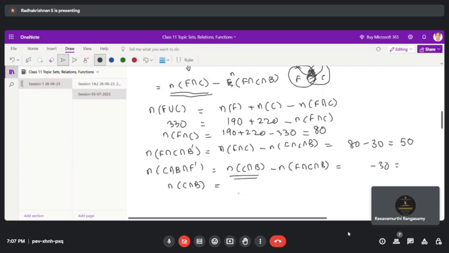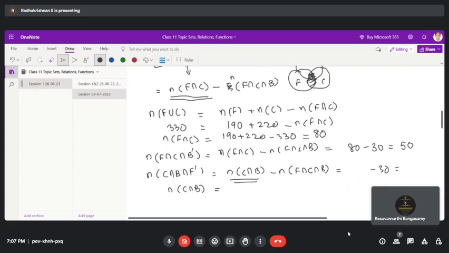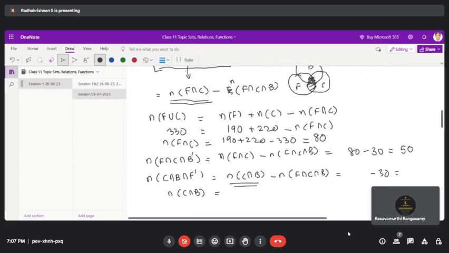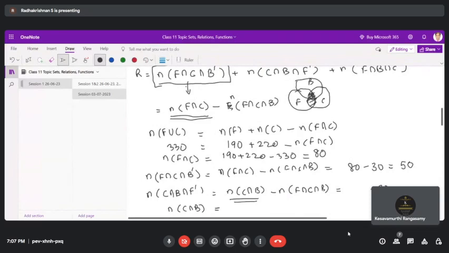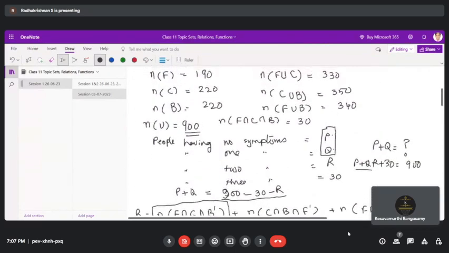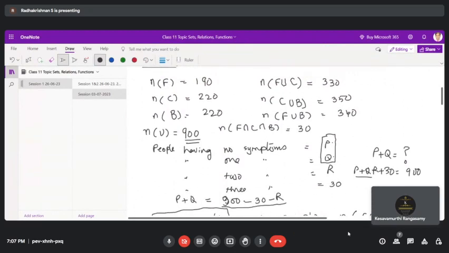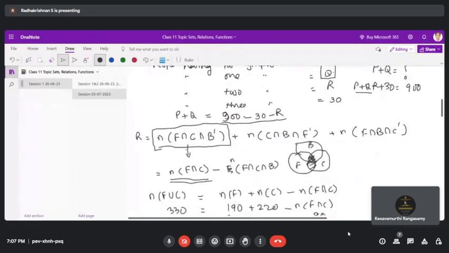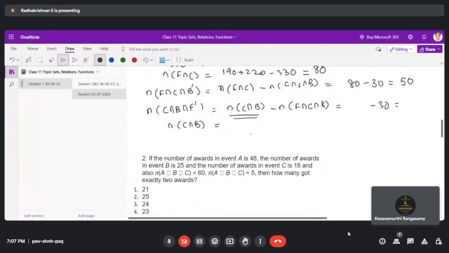Has anybody calculated? It will be C plus B minus C union B. That is 220 plus 220, minus 350. So 440 minus 350 is 90. So this will be 90. So 90 minus 30 is 60.